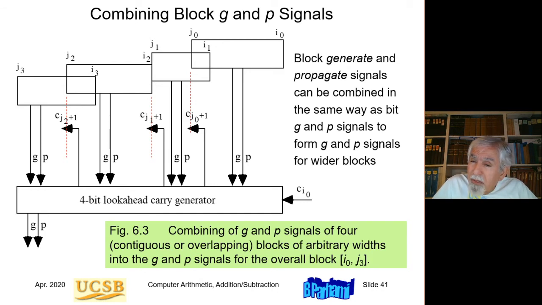Sometimes this leads to optimizations and simplifications to allow overlapping blocks. And I'll show you an example of this later, where it seems that the overlap is really inefficient because you're dealing with bits more than once, inside one of the blocks and another time inside the next higher block.